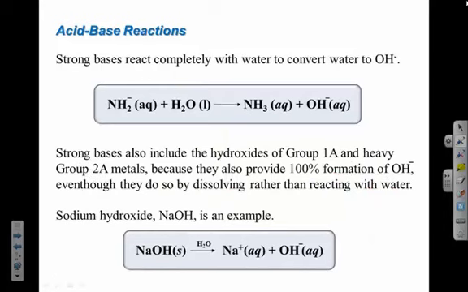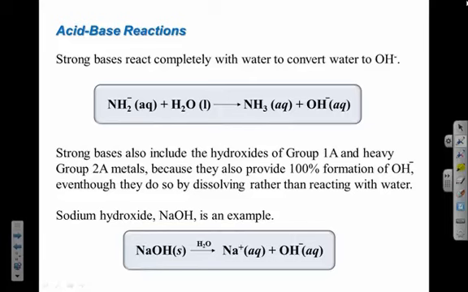Bases react with water. Instead of donating an H plus to water, they accept an H plus from water. So the definition of strong and weak is applied here in the same way. If I have a strong base and I put it in water, it will react nearly 100%.